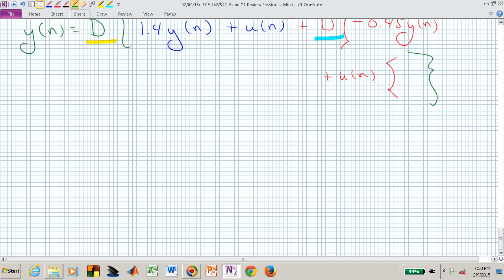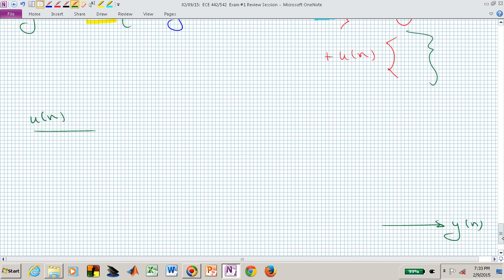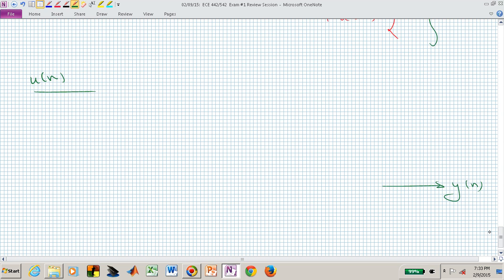So I could say that I have a u of n here, and I have a y of n there. And y of n is actually coming right out of a delay block.